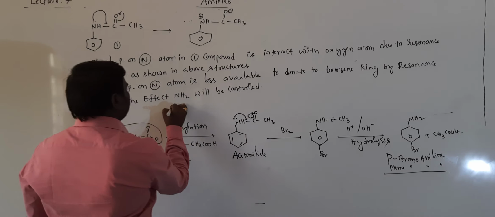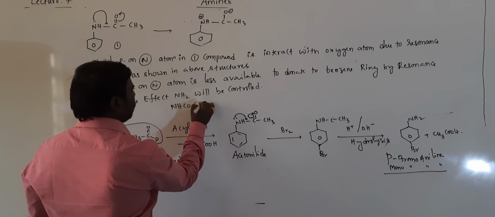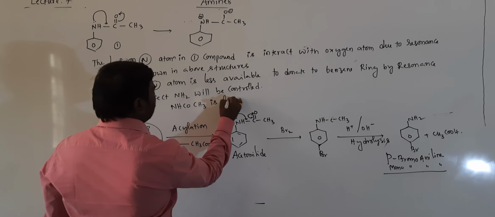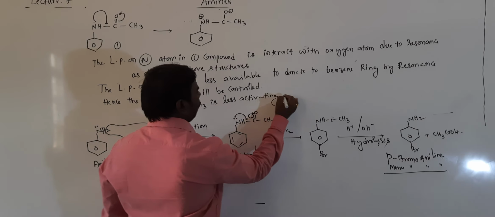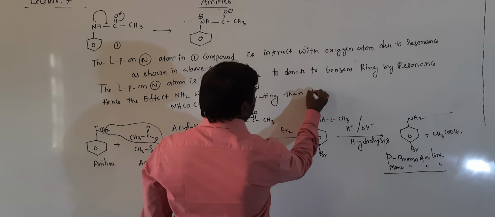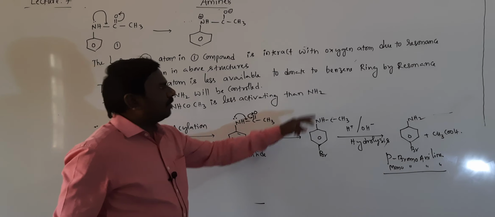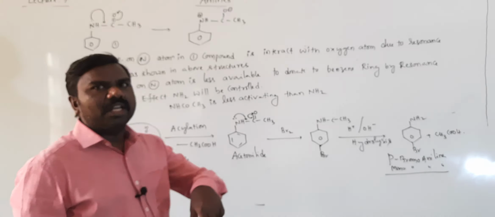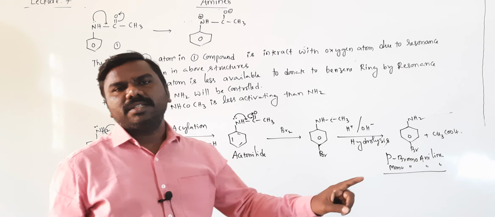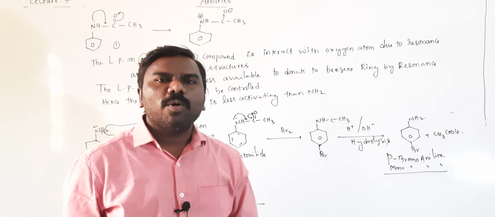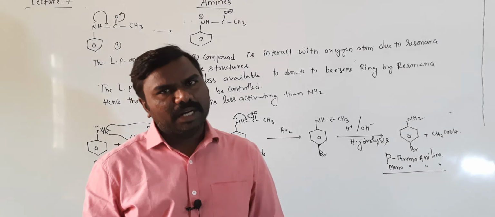It means NHCOCH3 is a less activating group than NH2. If NH2 is there, tribromo is formed. That's why I am converting NH2 into NHCOCH3. Then monobromo product will be formed. Getting students?